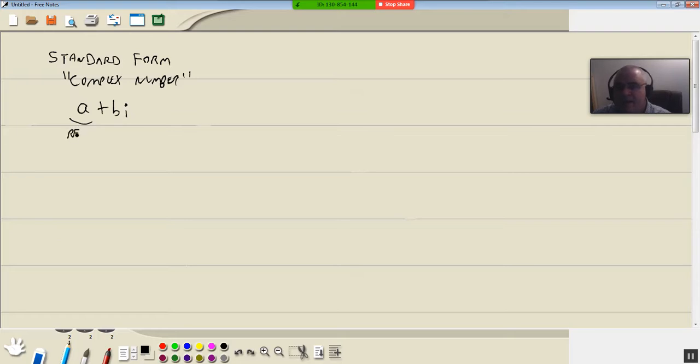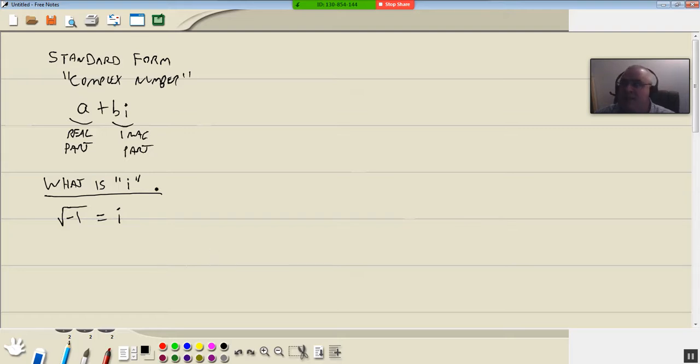Now a is our real part, and the bi is our imaginary part. Now the question becomes, what is i? I mean, it's obviously our imaginary part, but how do you get the imaginary part? Well, if you have the square root of negative 1, that is what gives you an i.